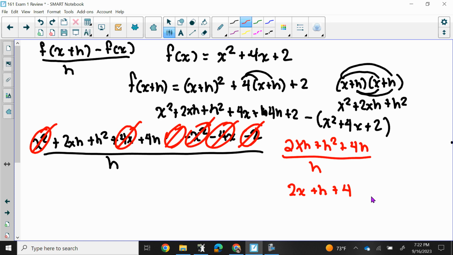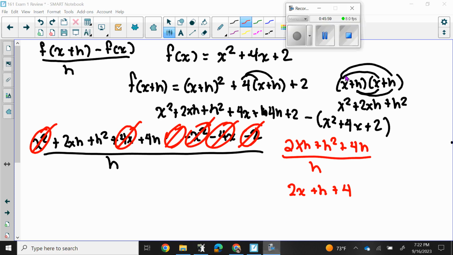Okay? All right. So that is using the difference quotient. So I wanted to give you a couple more combinations of functions and operations on functions, and then I'll do one more equation of lines.